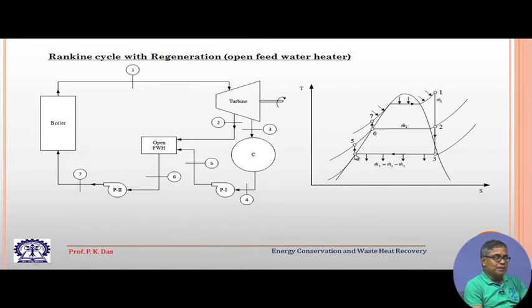Then in pump P1 we raise the pressure from point 4 to point 5 and then it goes to the mixing chamber. So, pressure 5 is equal to the pressure at point 2. Then we will be able to calculate the pump work and the enthalpy at point 5.